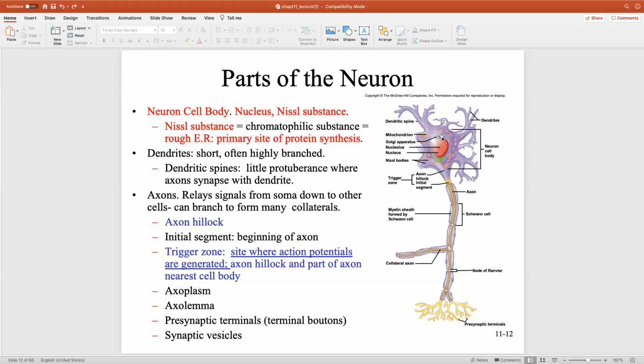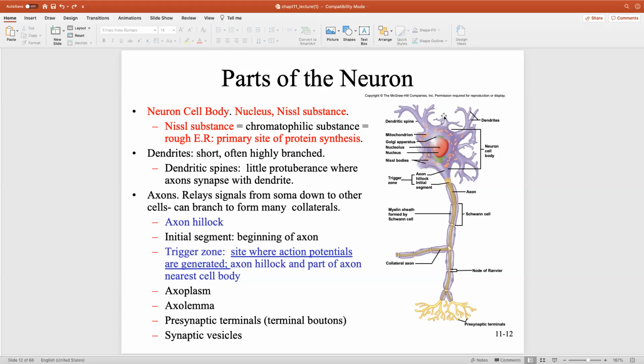Now, usually when we're drawing a circuit of these axons and neurons, we have one neuron making contact with another neuron, which makes contact with another neuron. In reality, this one cell body has lots and lots of dendrites, and lots of these dendrites have lots of dendritic spines.